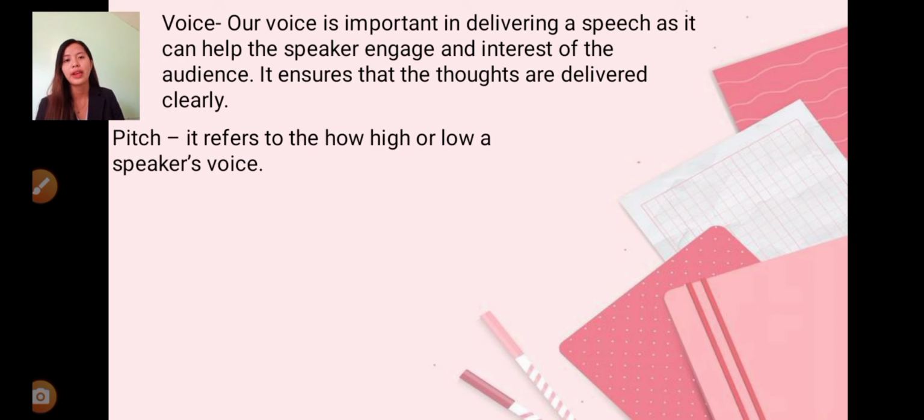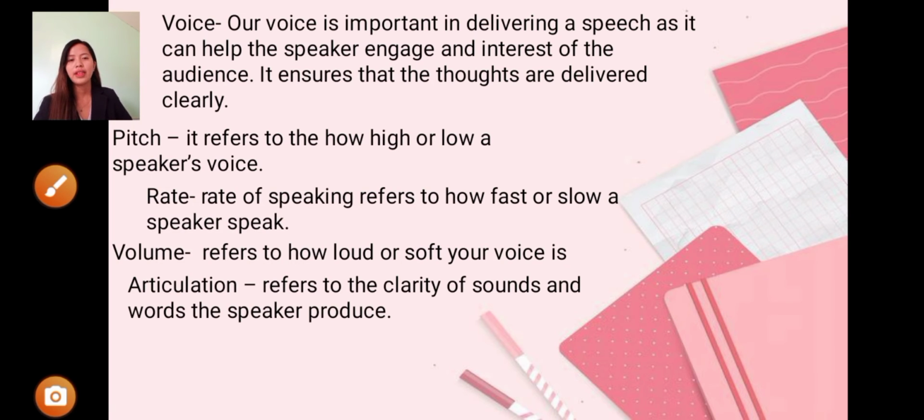The pitch refers to the highness and the lowness of the speaker's voice. Sometimes we use this element to emphasize a message. Now let us proceed to the rate. The rate of speaking refers to how fast or slow a speaker speaks.